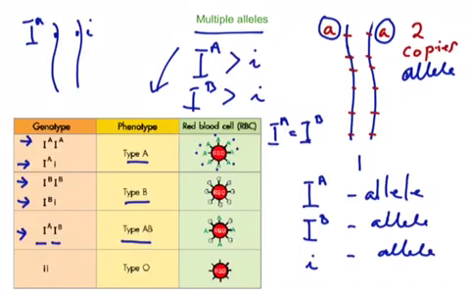They are equally dominant, and this refers to codominance. In this case both recognition proteins are made. The I big A allele produces one kind of protein, I big B produces the other kind, and you'll have both kinds of proteins on the surface of your blood cells, and you'll be blood type AB.